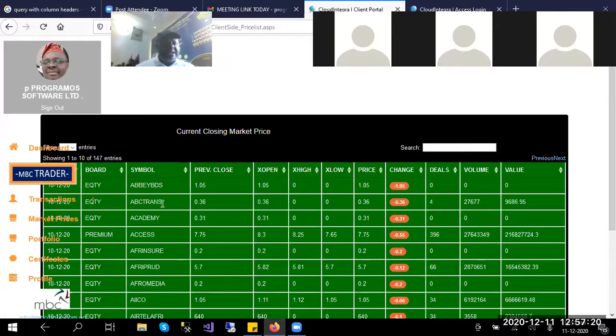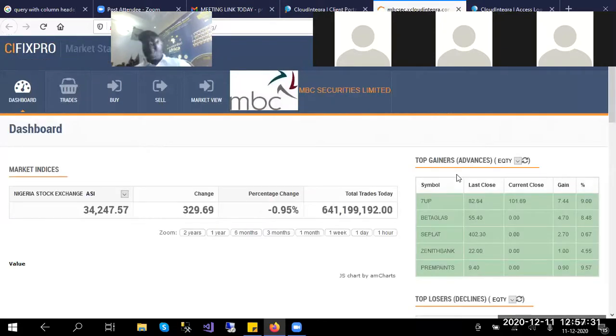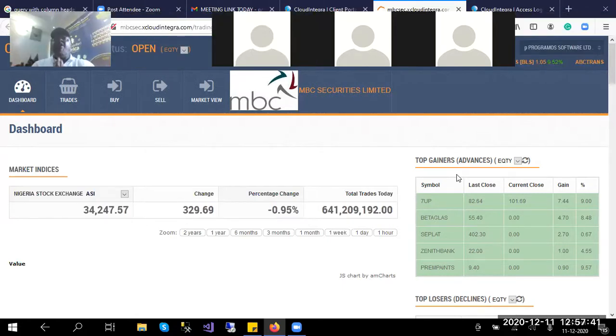But if I want to go to the market for trading, I may just click on the trader, and that takes me to the same market that I went to the other time. But the other time I was logging in as a staff of the organization. Here, I'm a customer, and everything I'm able to do here is what is allocated to me as a client of the organization.